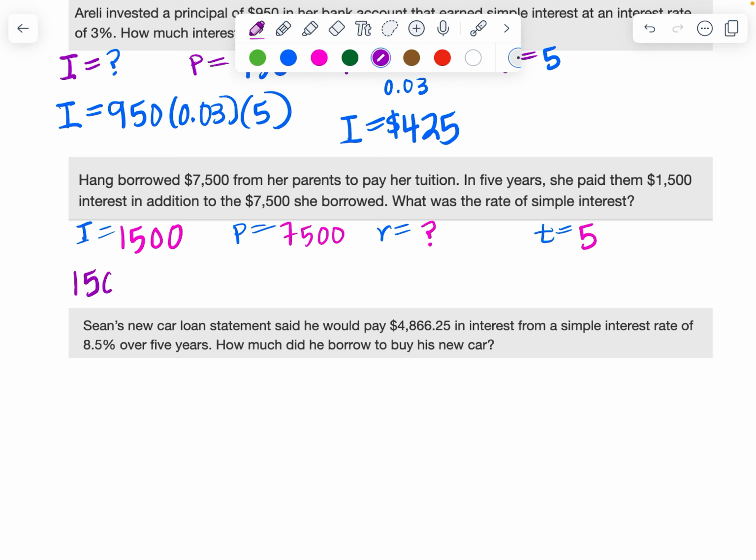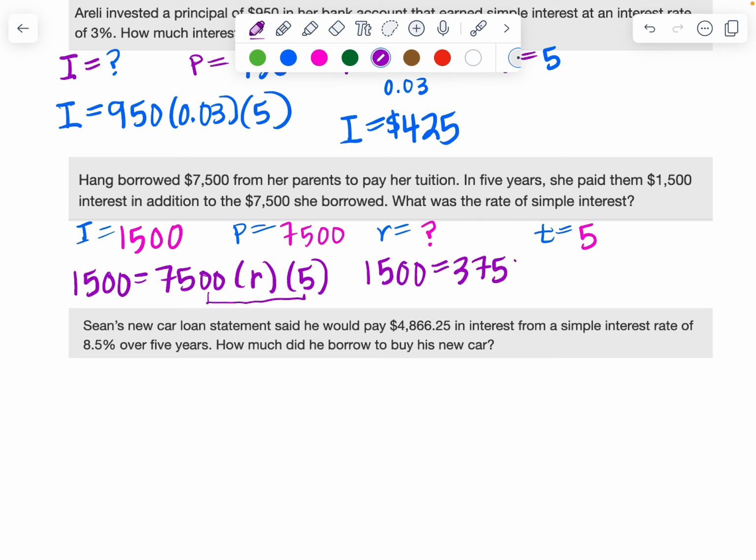If I put this into my formula, 1,500 equals 7,500 times the rate times 5. Simplifying the right side of the equation, I'll multiply together 7,500 times 5. So 1,500 equals 37,500 R. We still have the R there. That's what we're solving for.